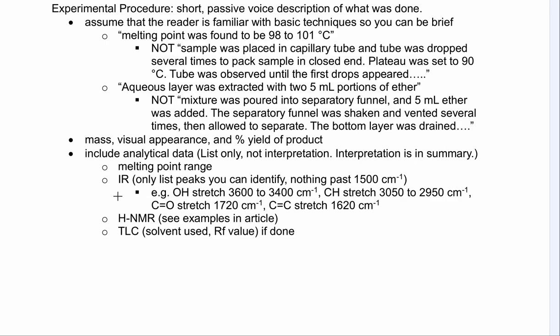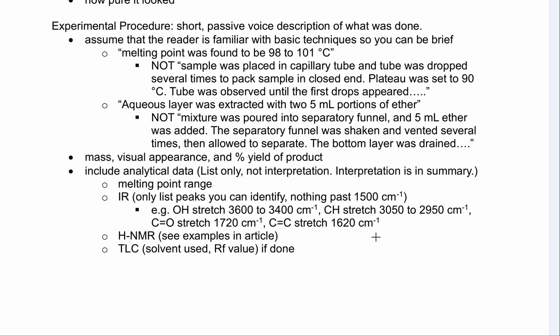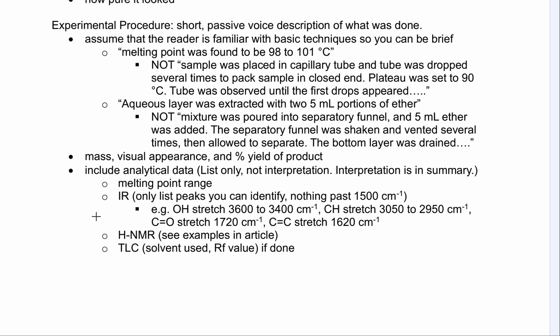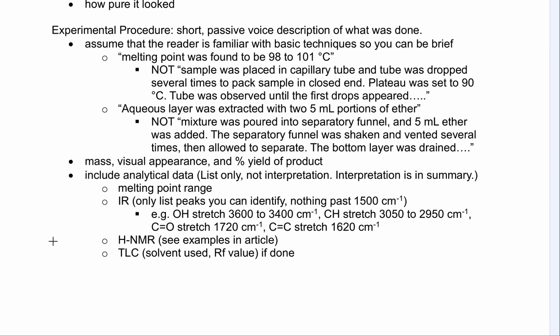IR, the main things would be included, not just the whole entire forest of IR peaks that you have. Probably just alcohol stretch, CH stretches, whether they were above or below 3,000 is important. If there was a CO stretch, if there was a benzene ring, you might want to include the CC stretch, but not a ton of IR data. The HNMR, hopefully you know what each peak is, so you should include all of them like the article does.